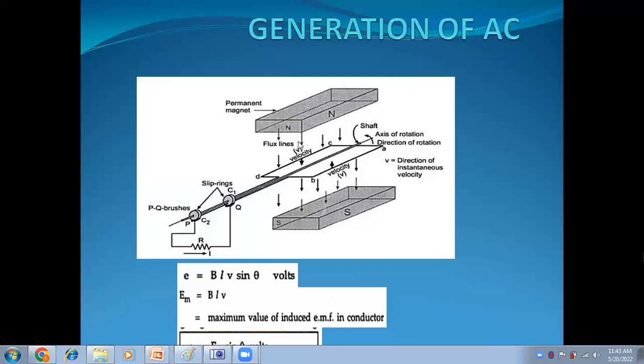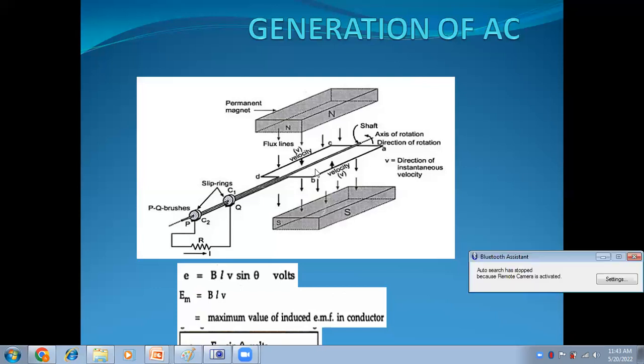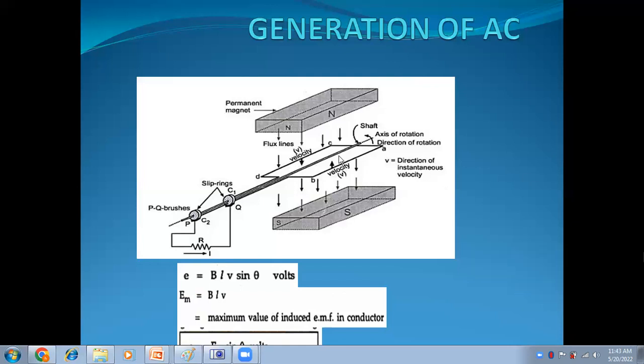These lines of flux are cut by the conductors. The velocity component responsible for cutting the magnetic flux and producing an EMF is the sine component, that is V sine theta, where theta is the angle measured with respect to the plane of the flux.